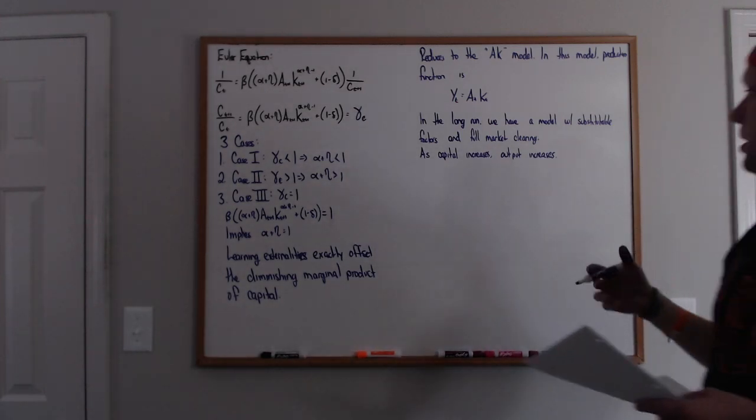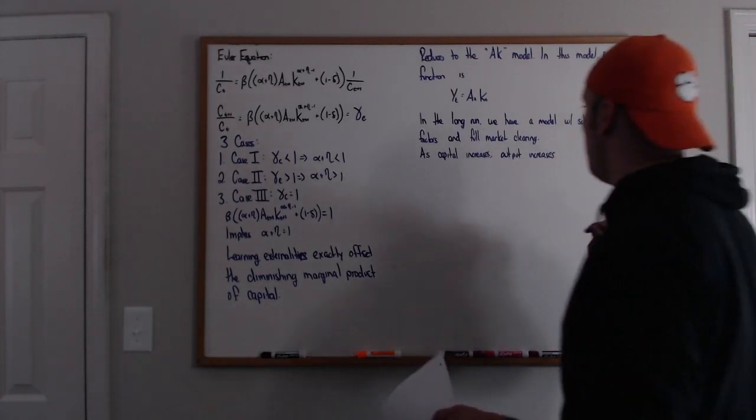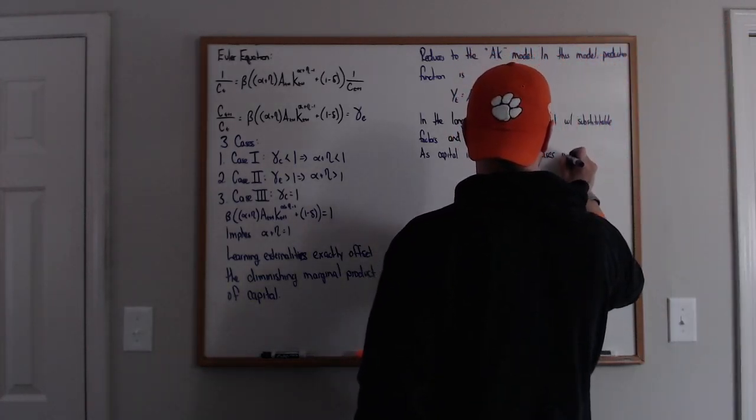So as capital increases, output increases, as we would always expect it to, right? But not quite just like that. It increases in proportion.